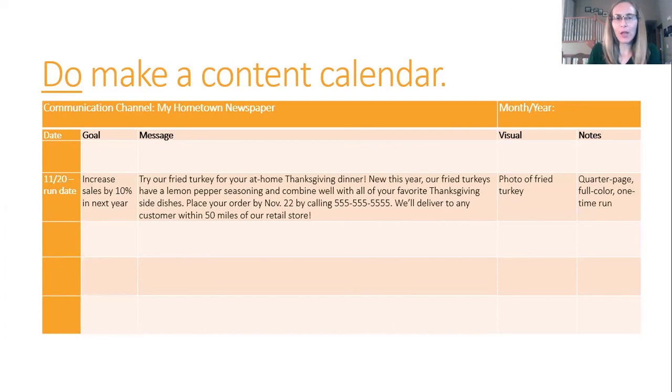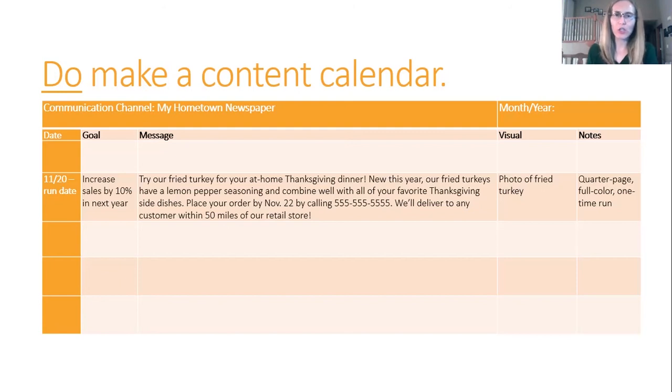So as an example of how to use this content calendar, let's assume that you are developing a new product, fried turkeys, to sell for Thanksgiving, and that you want to use your hometown newspaper as a communication channel to share about these new fried turkeys that you have available this year.